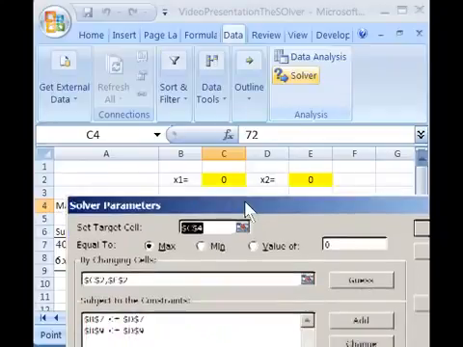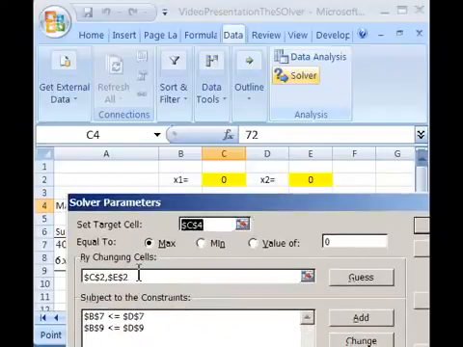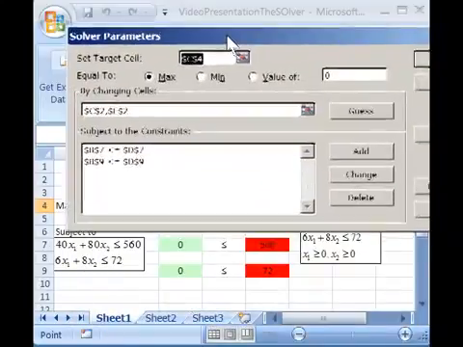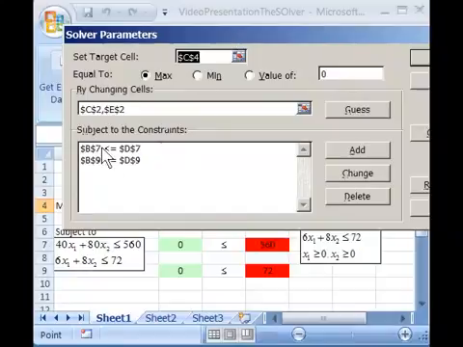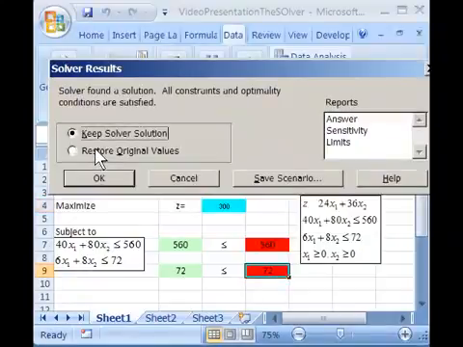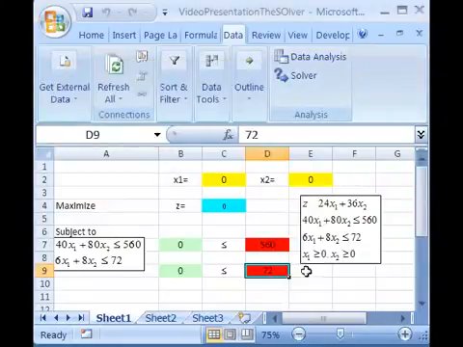The cells that we are changing remain the same as the equality ones. We're going to be changing the cell that holds the value for x1 and the cell that holds the value for x2, which are C2 and E2. We're going to then set the constraints, and I'll just review those with you.